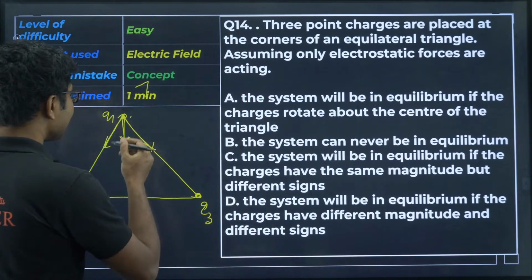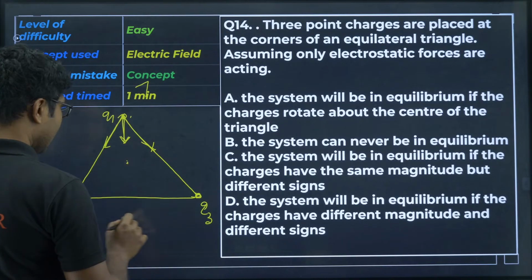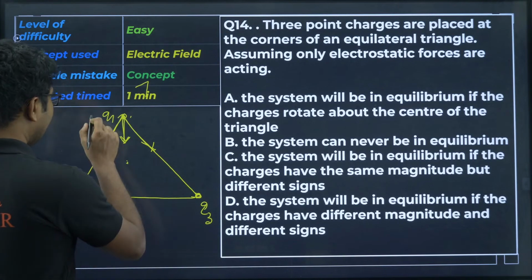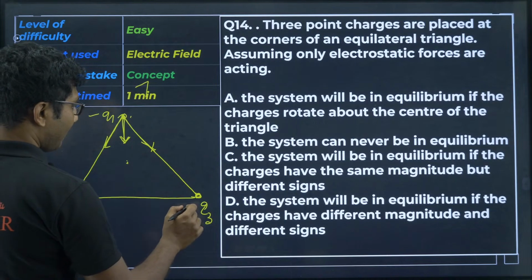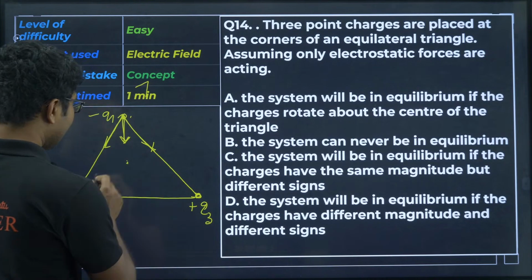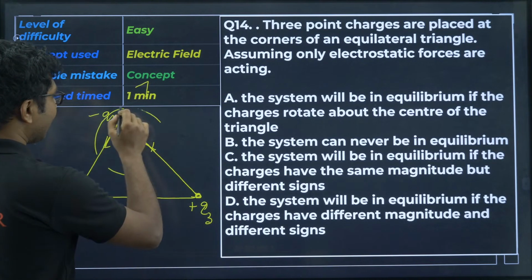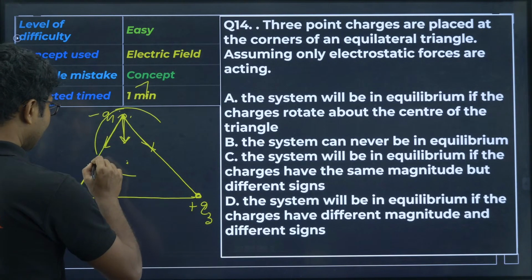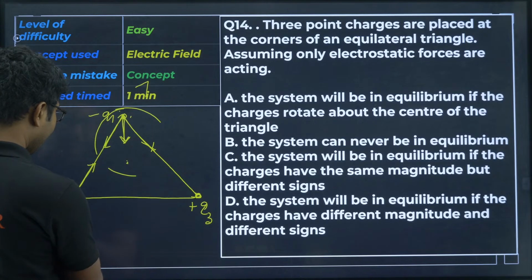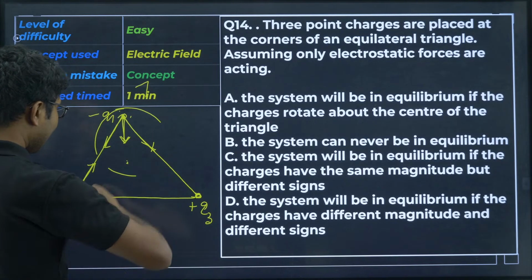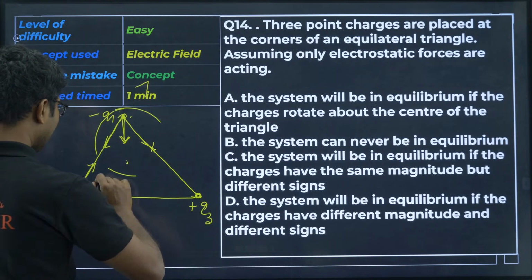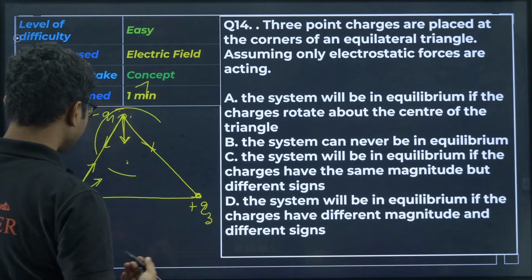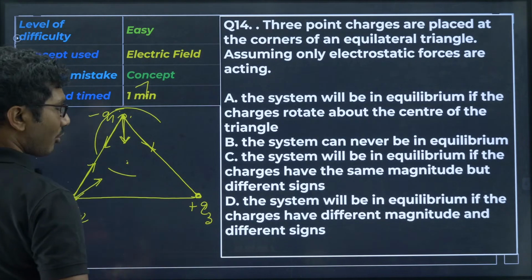And opposite sign does not mean, suppose this is positive, this is negative, then this is also positive. Now this charge may be attaining equilibrium, but what about the other two charges? This will experience a force in this direction, this will experience a force in this direction, and in case they are rotating you will get a centripetal force in this direction. So definitely again no equilibrium is possible.